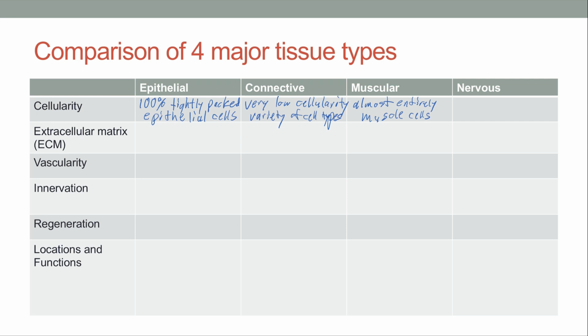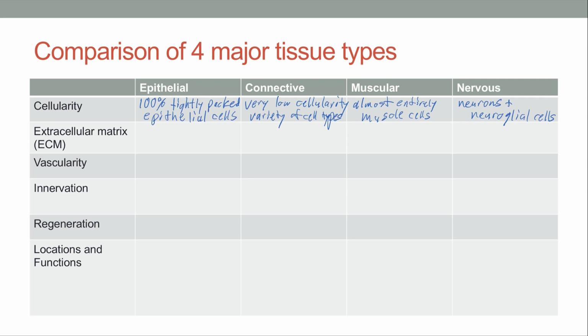And nervous tissues are made of neurons, cells that can carry electricity, and neuroglia, or simply glial cells. And neuroglia means nerve glue in Latin. So these are cells that kind of hold the nervous tissue together.